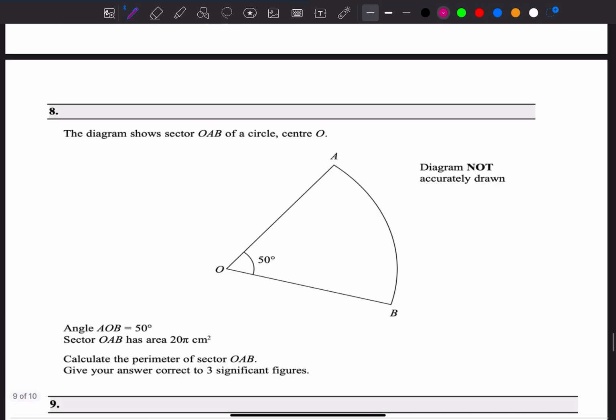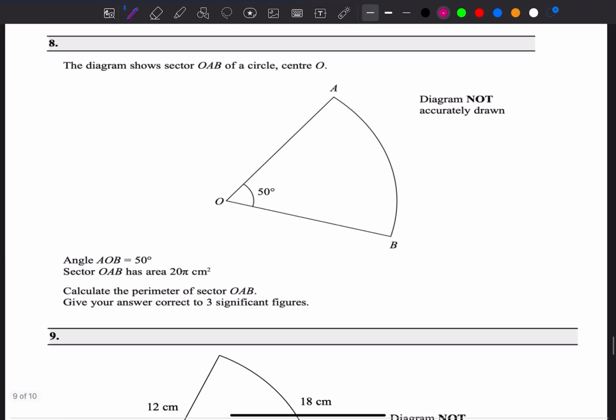Next one. Three significant figures. So work out the perimeter of OAB. They told you the area is 20 pi. Okay, so what's the formula for area? Area is 50 degrees over 360 times pi times radius squared equals 20 pi.